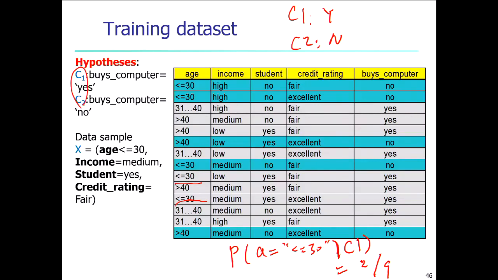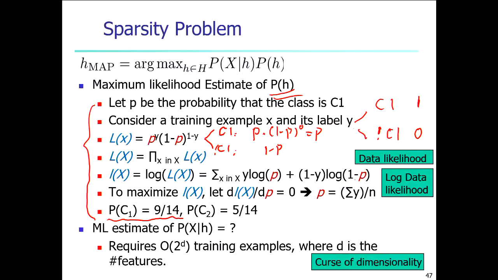So you simply do the counting and you can get the number.